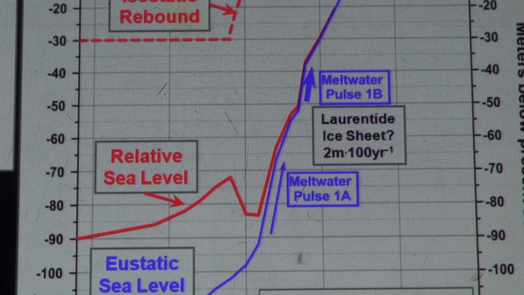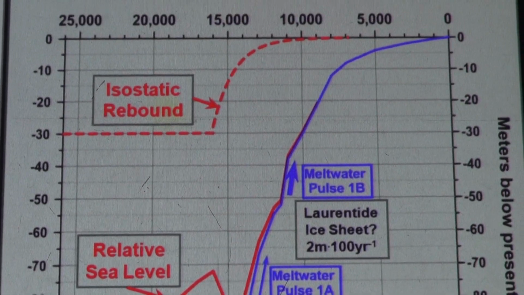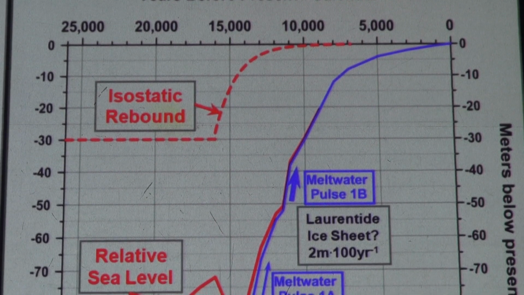And those of you who have seen the video Chasing Ice, when the Greenland outlet glaciers are carving quite rapidly, that is a problem. We'll come back and talk about that in a moment. But anyway, here the sea level is rising 2 meters in 100 years, and by the time you get up here to now, it was rising a few tens of centimeters in 100 years. There's quite a bit of difference.